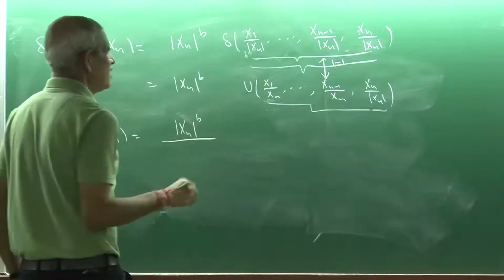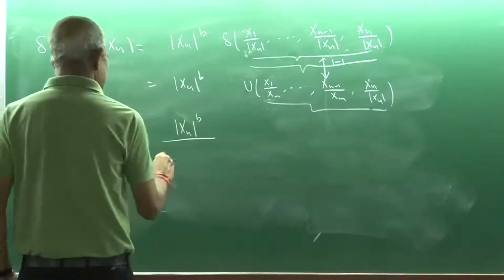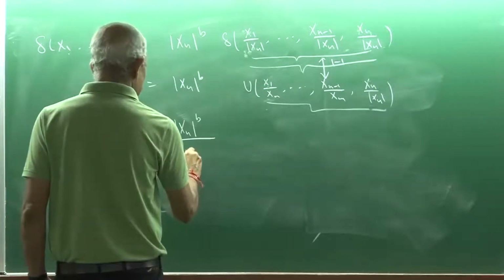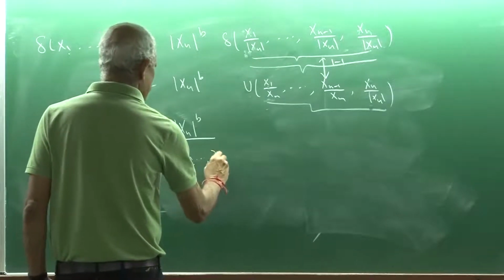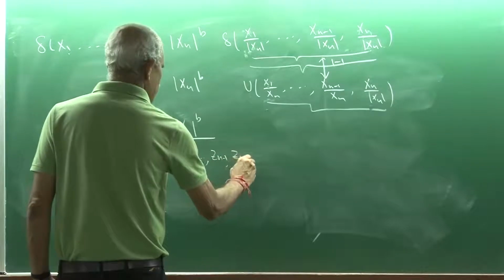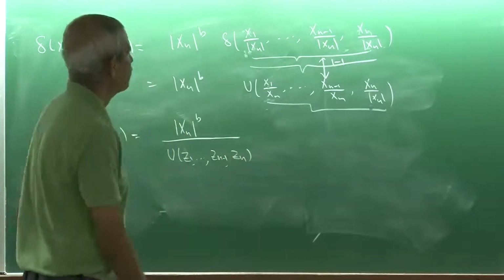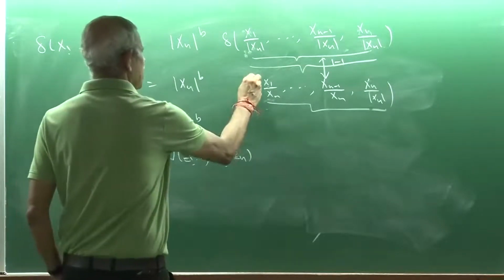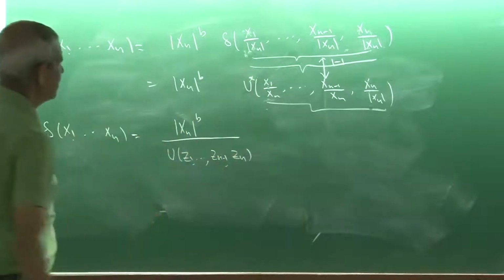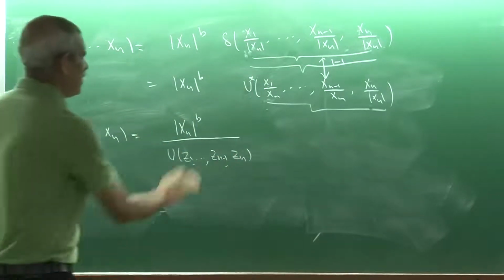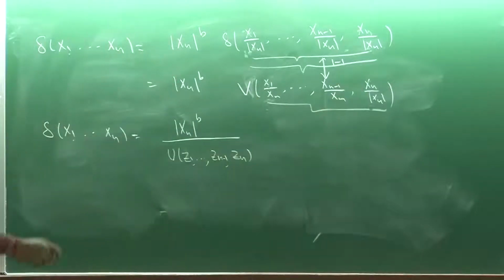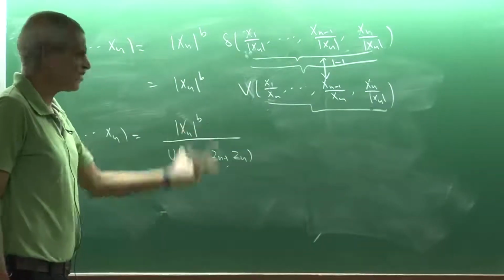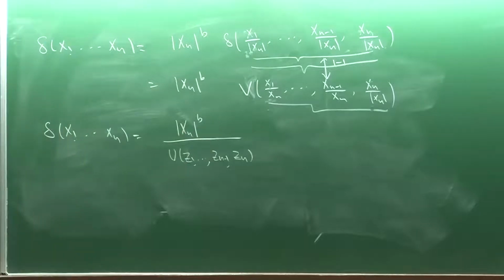Let me write this down in the division. So u of, let me call this z1, z2, zn minus 1. Let me write this as v. So this is some function of this quantity, and v I can write as 1 upon u of this.